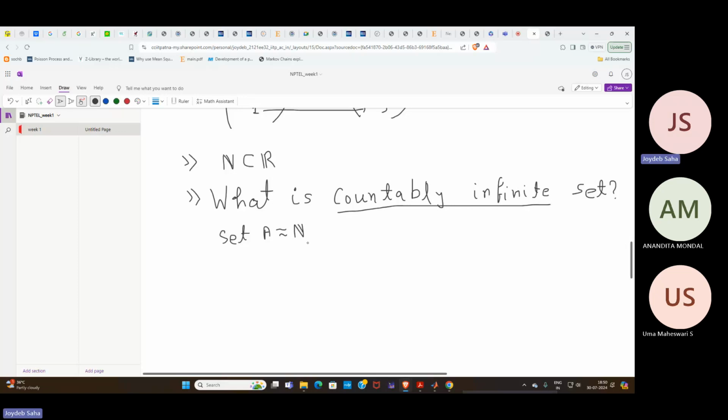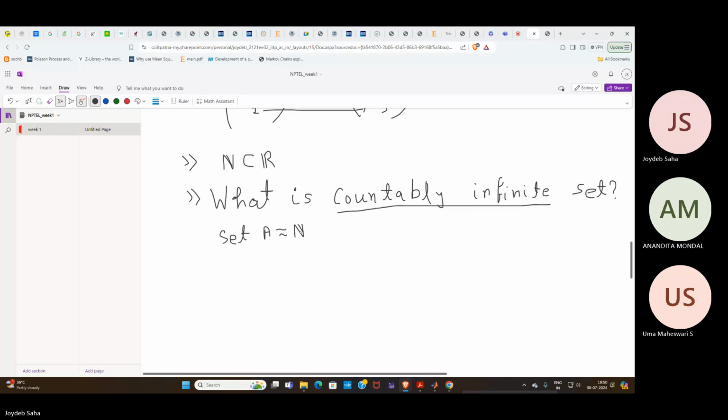Because now we will solve some numerical problems regarding cardinality and countability, and we need to know the meaning of this, right? Basically, what is infinity? If we say that the natural numbers N have an infinite number of elements, 1, 2, 3, and all.